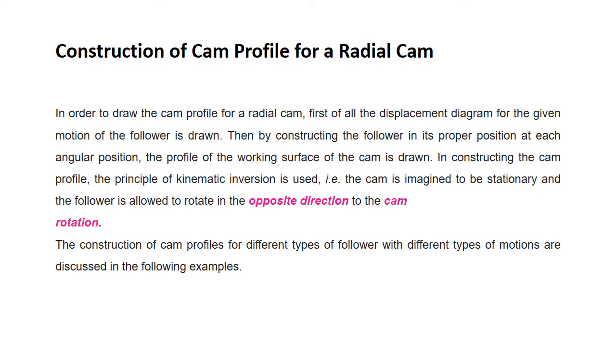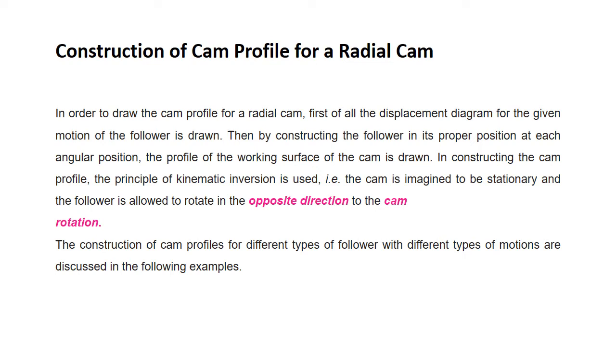In order to draw the cam profile for a radial cam, first of all, the displacement diagram for the given motion of the follower is drawn. Then, by constructing the follower in its proper position at each angular position, the profile of the working surface of the cam is drawn.